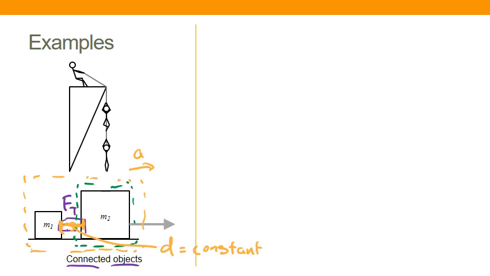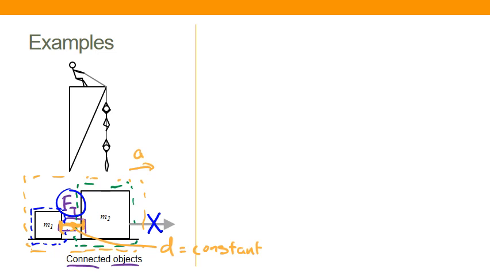And so often we can define the whole thing as our system. And then if we wanted to know the tension itself, we might define our individual objects as a system. One thing that becomes really important is to realize that this force of tension may not be the same as our pulling force.